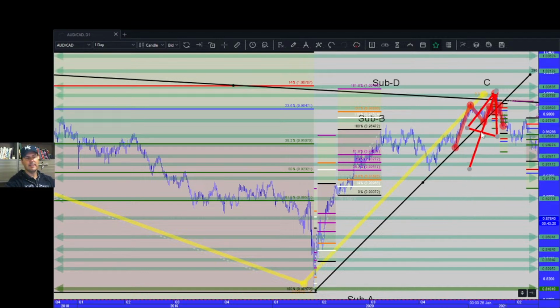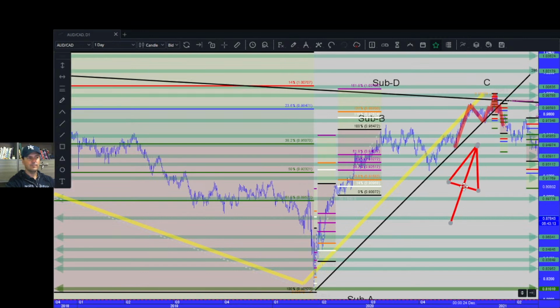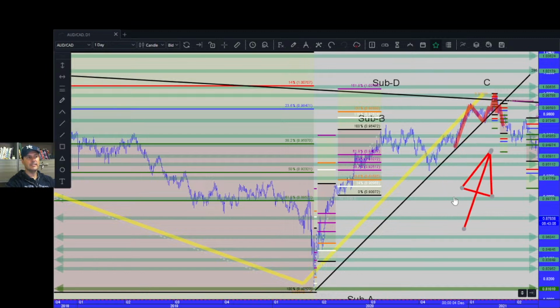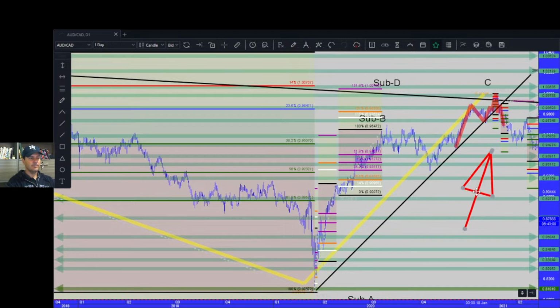Not when the monthly was forming the candle, but once the monthly closed the candle, the bearish candle. Exactly. The higher time frame controls price action and movement of the smaller time frames. Make sense, everybody?